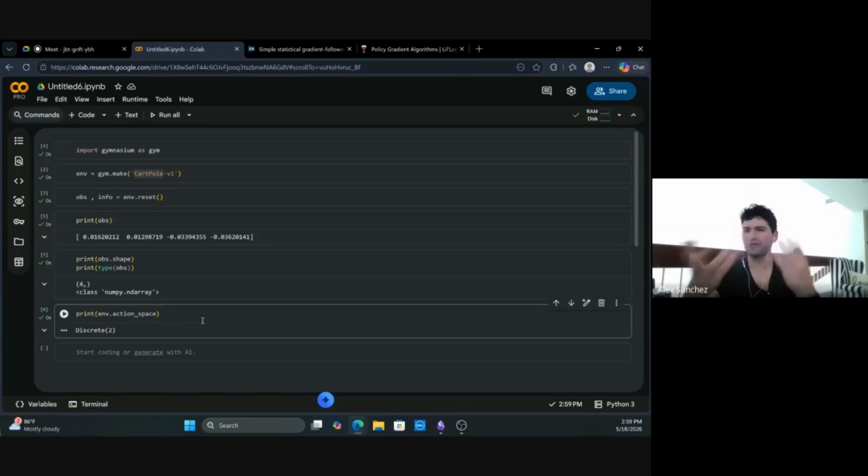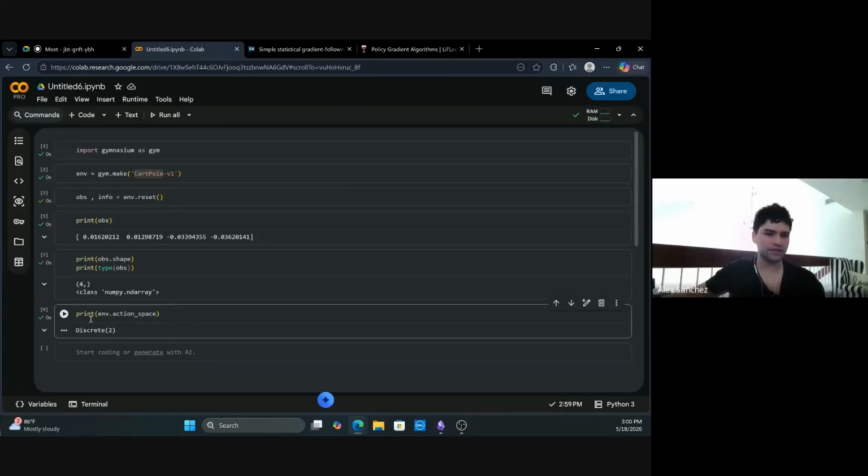Left, right. I don't know how it looks on the camera, but we either go left or we go right. And this is why it's discrete. There are 2 options. There's also continuous. Think of a robotic arm where you want to grab something in real life; that is a very continuous space. There aren't 2 options, there are practically infinite options.